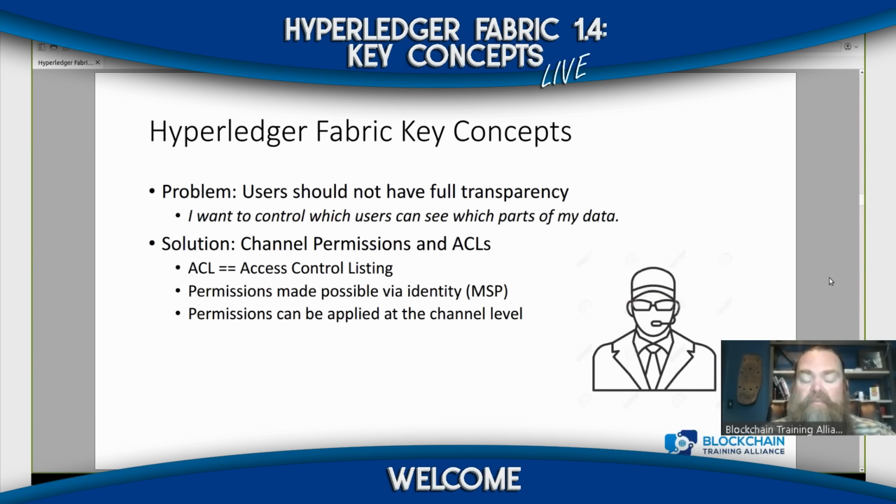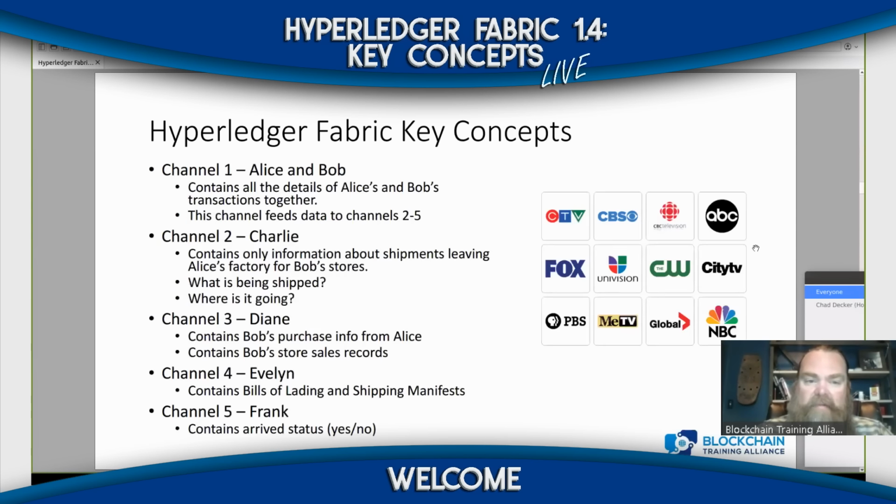This lets us set up permissioning within a channel. So remember the channels we just looked at? We had a channel for Charlie, channel number 2 here, that only contains shipping information. Well, Charlie can now come and define permissions on his channel, because maybe he doesn't want to share all the information on that channel with everyone in his organization.